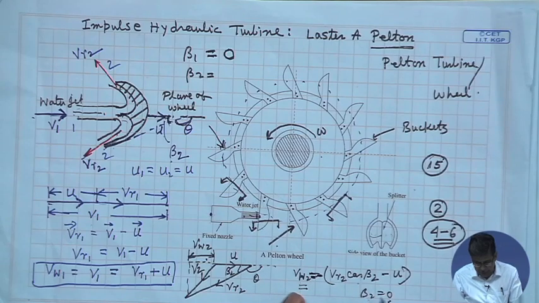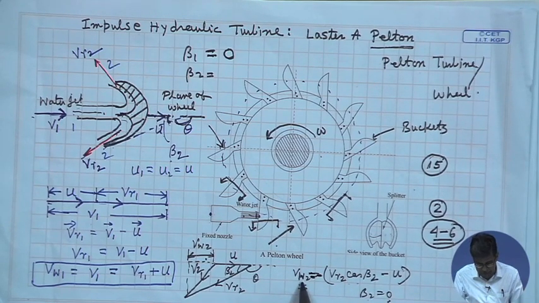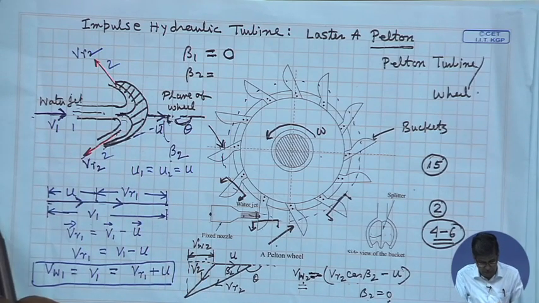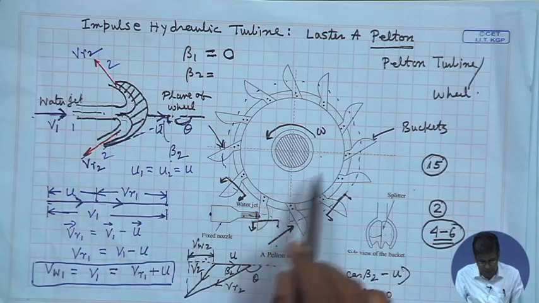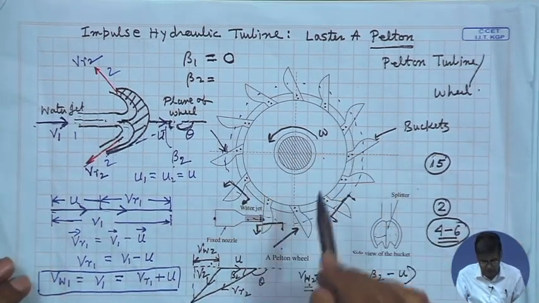To do that, beta 2 has to be 0. From here also we see that for beta 2 0, we get the maximum value of V_W2, and hence the maximum change in the angular momentum, and hence the maximum driving torque or the maximum energy transfer to the wheel.